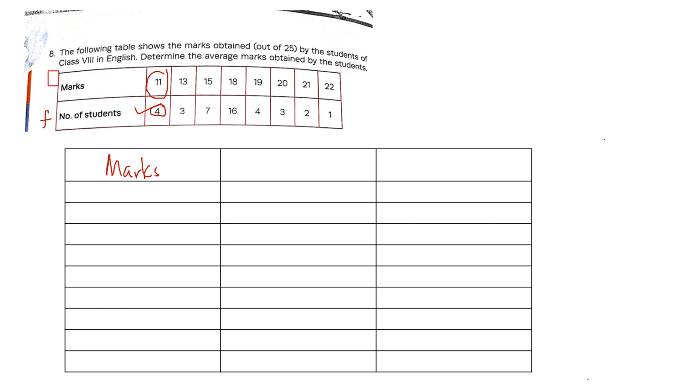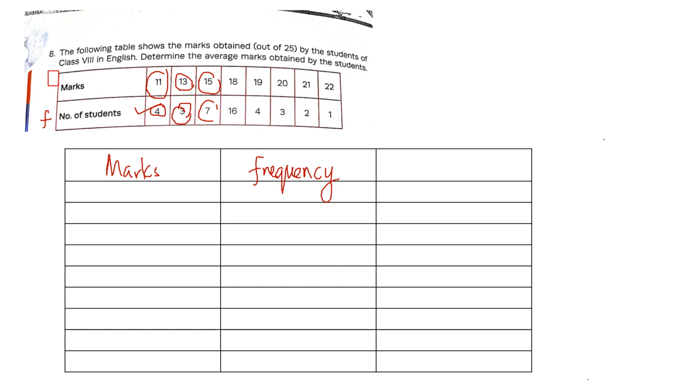And 13 marks were scored by 3 students, and 15 marks were scored by 7 students. 18 marks were scored by 16 students. 19 were scored by 4, and so on. So that's how we identify the frequency.